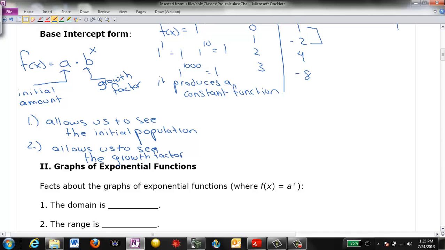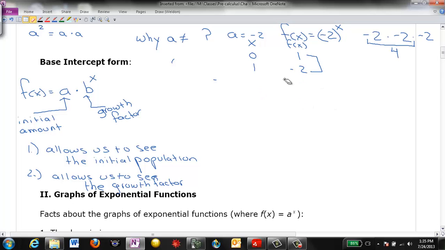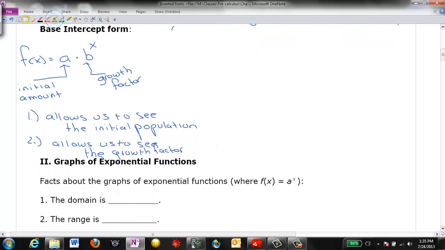Okay. So it's a very handy form to have. And so I'm going to go ahead and clear the room over here and give you an example of what a function in base-intercept form might look like. We're going to look at an example of exponential growth.